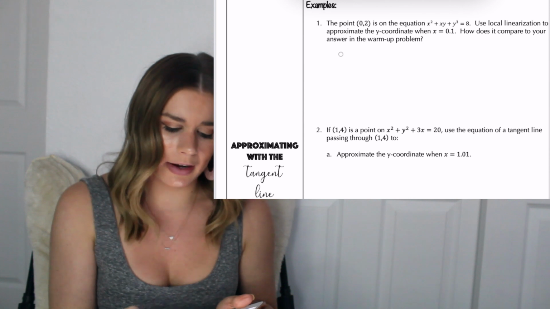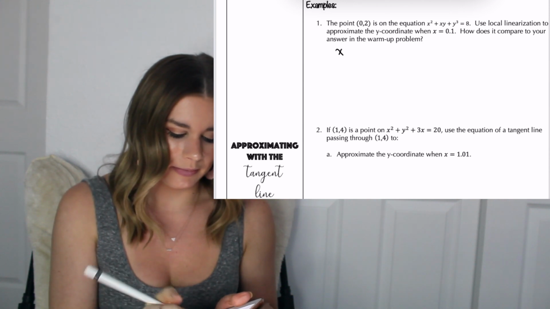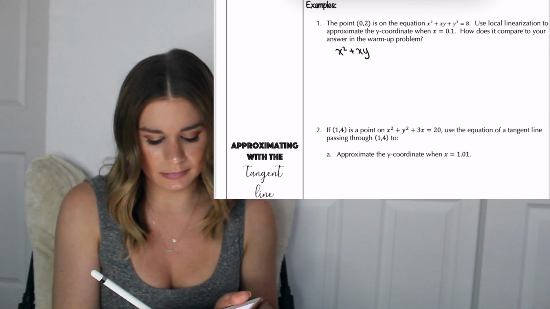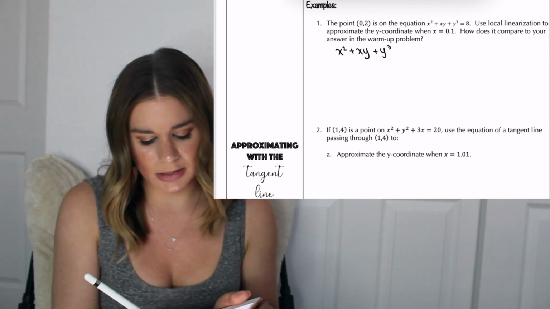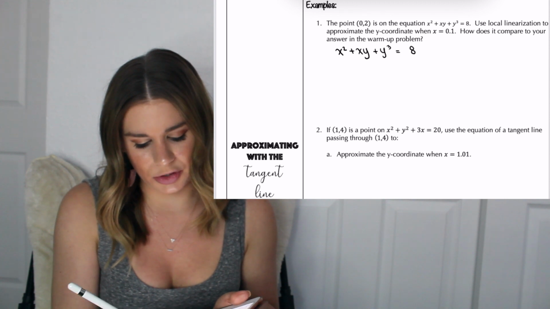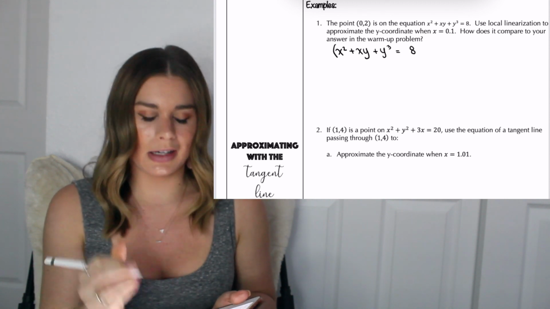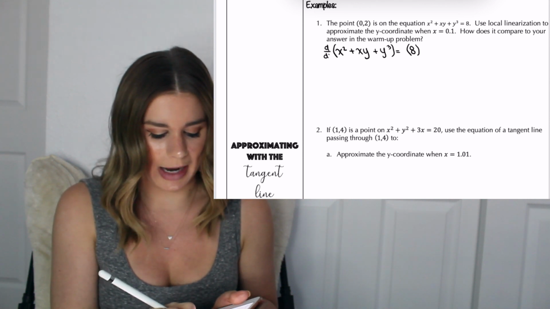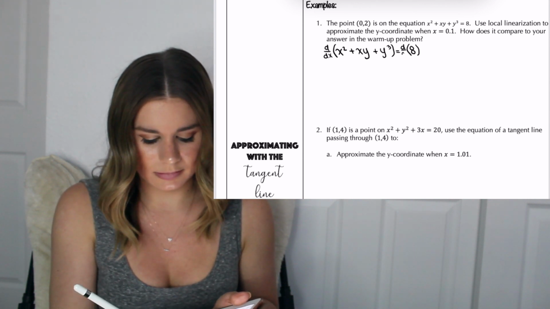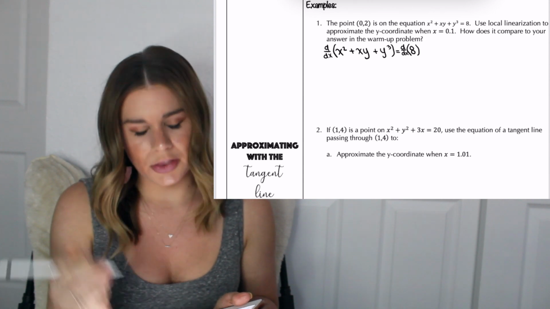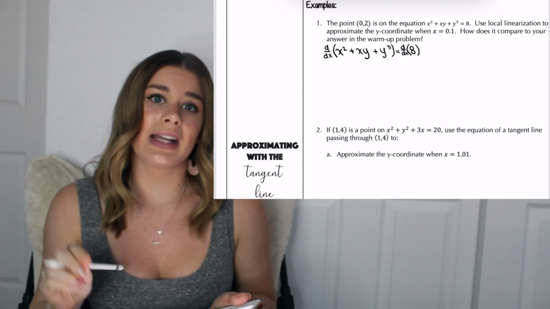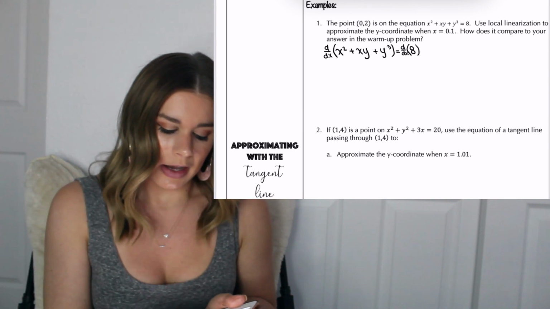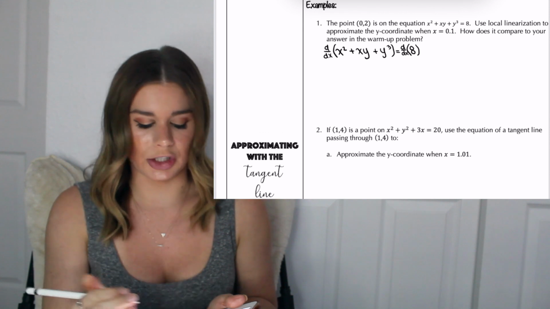First, we need to take our equation, which is x squared plus xy plus y cubed is equal to 8. And what we are going to do is take the derivative of both sides with respect to x. The reason we're doing that is because we want to find dy/dx, which is the slope of the tangent line. Okay, so we need to use a little implicit differentiation here.